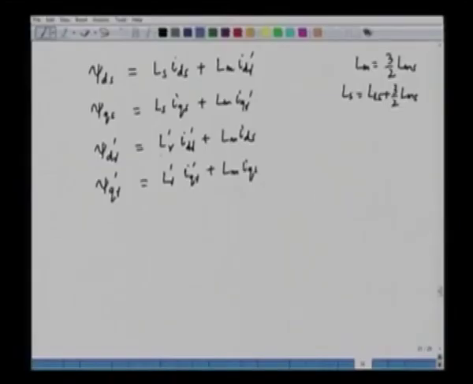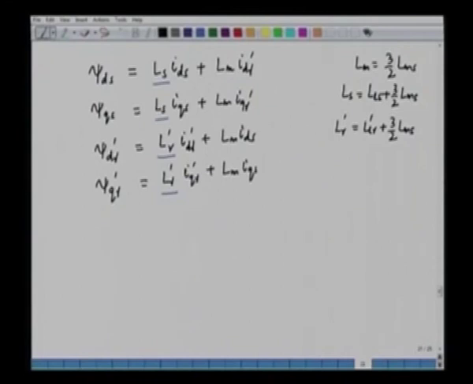So we have the same inductance in the D axis rotor, the same in the Q axis rotor, the same in the D axis stator, the same in the Q axis stator. Now what about Lr? Lr is equal to Lr leakage plus 3/2 times of Lms.